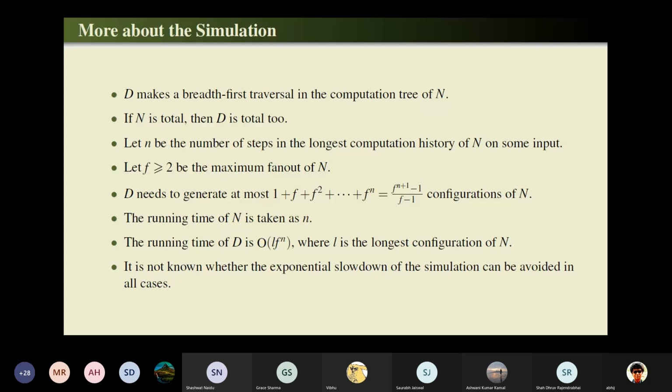So what you look at here is that the original NTM, if it accepts in n steps by making some non-deterministic choices, so I don't know, nobody will tell you this is the correct choice here, this is the correct choice here. So there is something like dark matter, or dark energy, that guides it to make the correct choice.